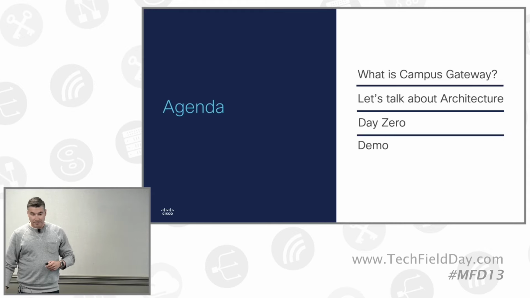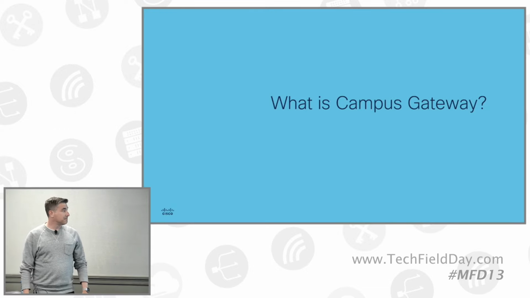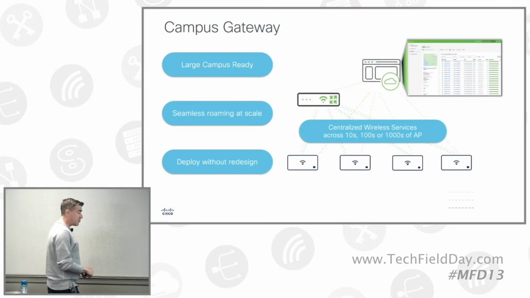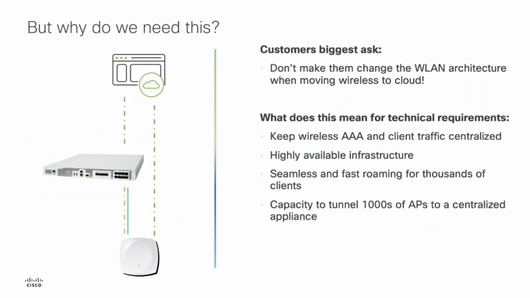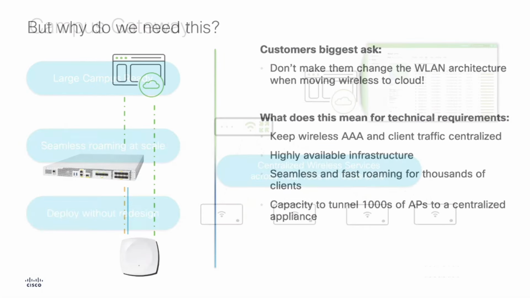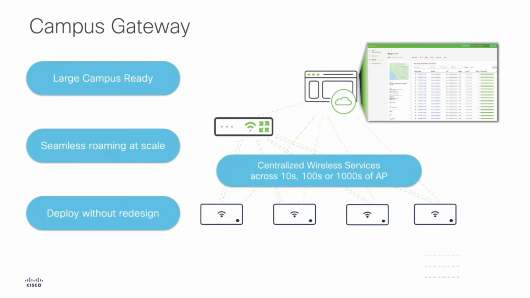So what is a Campus Gateway? In short, what we heard from Matt and Nick is that we need to meet our customers where they are. We have on-premise customers, we have cloud customers, we have hybrid customers. But on the Meraki side and the cloud side, we weren't always able to meet that customer requirement.